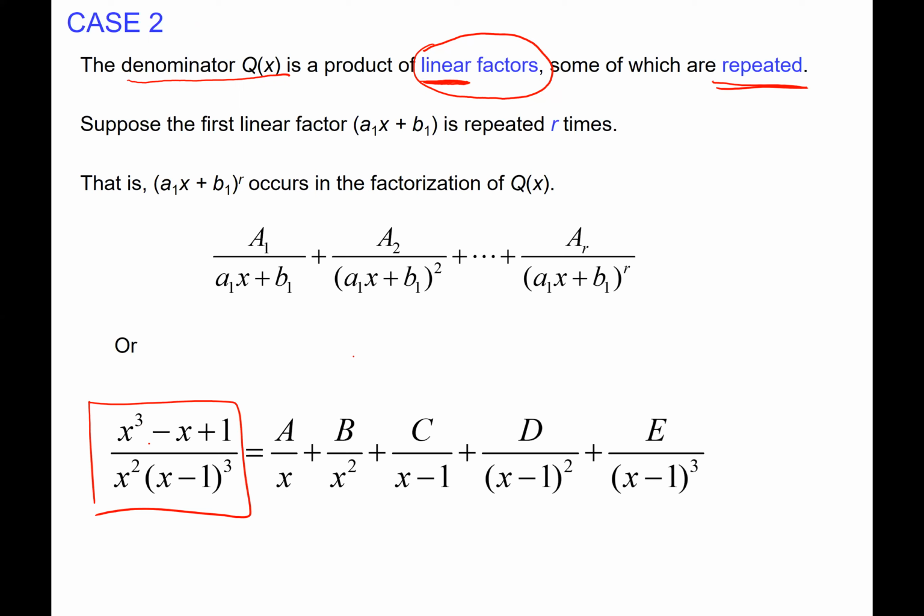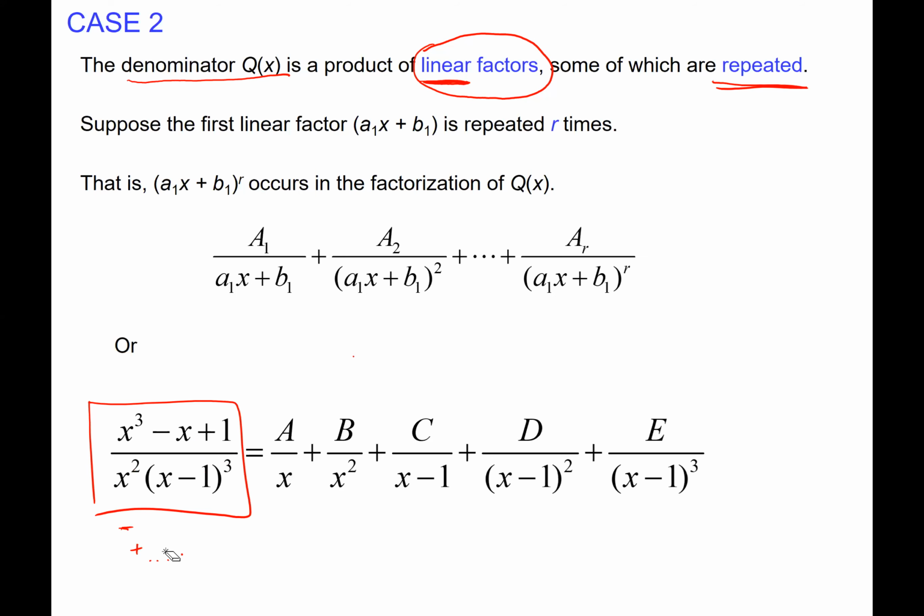We can definitely see that it's proper, because this is a cube, and this looks like the square and cube. When I FOIL, I will have x to the power of 5. Since each of the factors is linear, I am expecting 5 partial fractions.